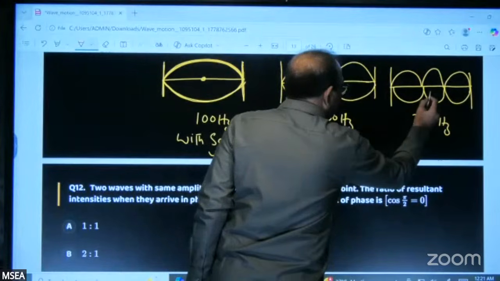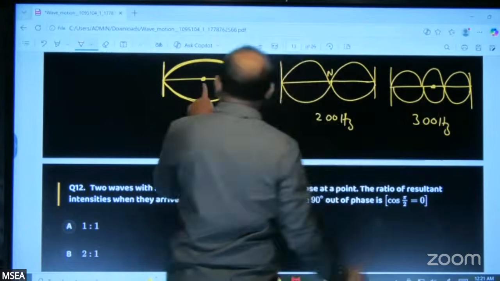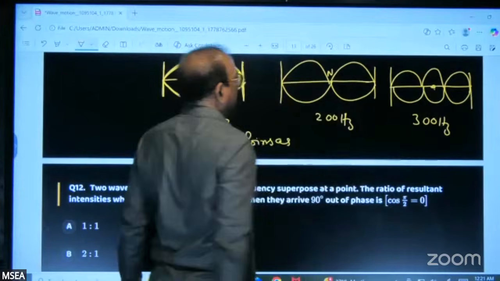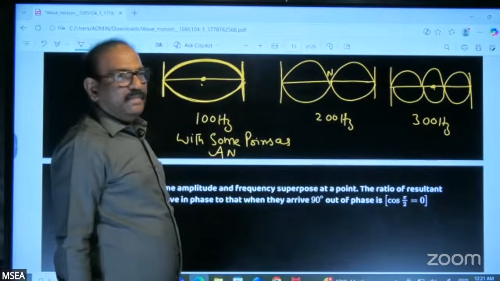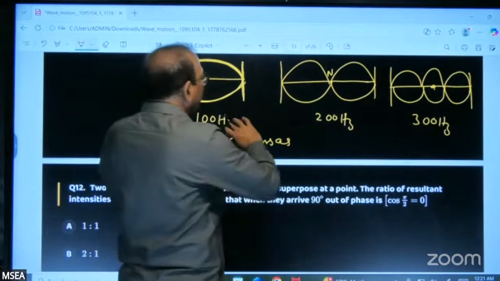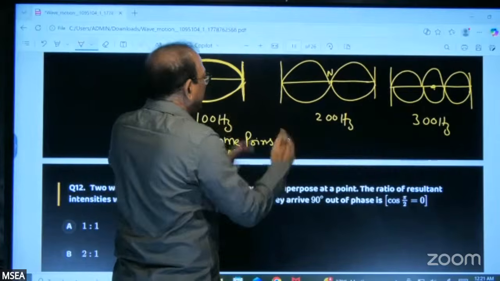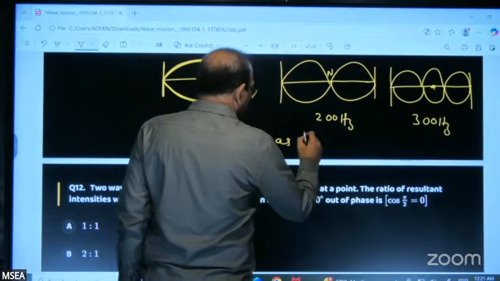Now here you see this middle point, which is an antinode in the first case, is again becoming an antinode. Means, what is the next frequency at which the same points again become antinodes?